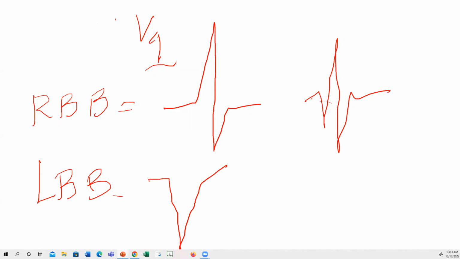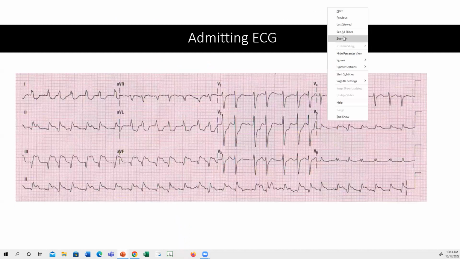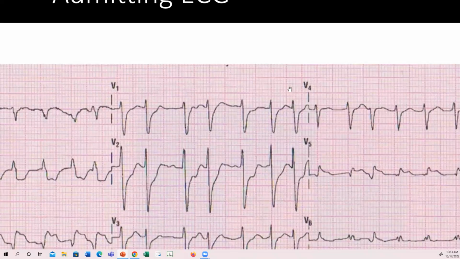So my question to you is, in looking at this electrocardiogram, if we take a look at lead V1, is lead V1 predominantly positive or is it predominantly negative? It's predominantly negative, isn't it?